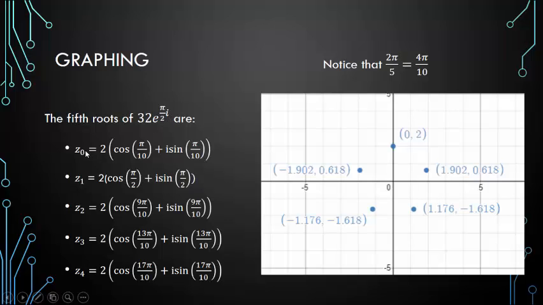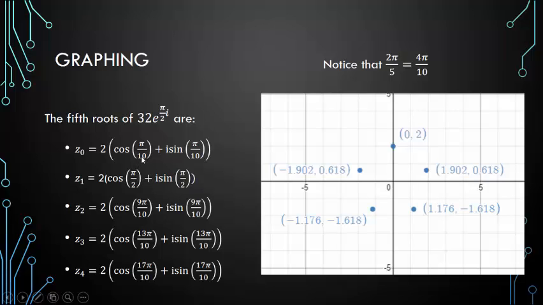Because k would be 0 for the first one, I'll just have pi over 10 for that. So once you find the first angle, you might pause the video and spend a little bit more time on that, but I found the modulus and I found the first angle. Well, because you're finding fifth roots, once you find the first angle, you're going to be adding 2 pi over 5.